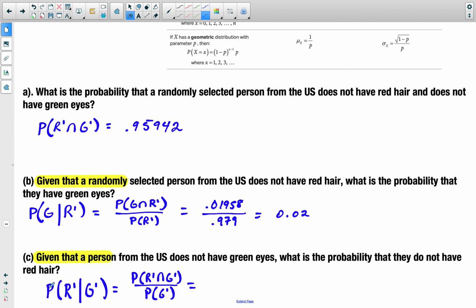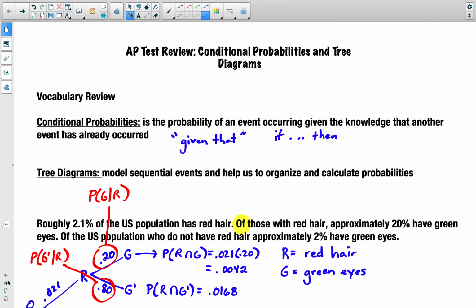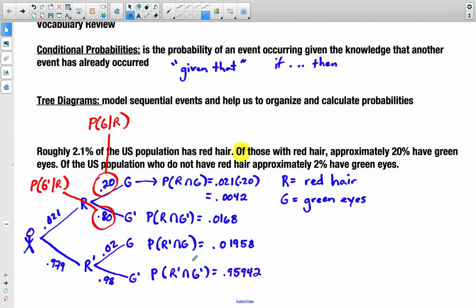All right, again, R prime and G prime is going to be 0.95942, and I'm going to have to do a little bit of work for the probability of G prime. That could be done two different ways. I could have red hair and not green eyes, and I can have not red hair and not green eyes.